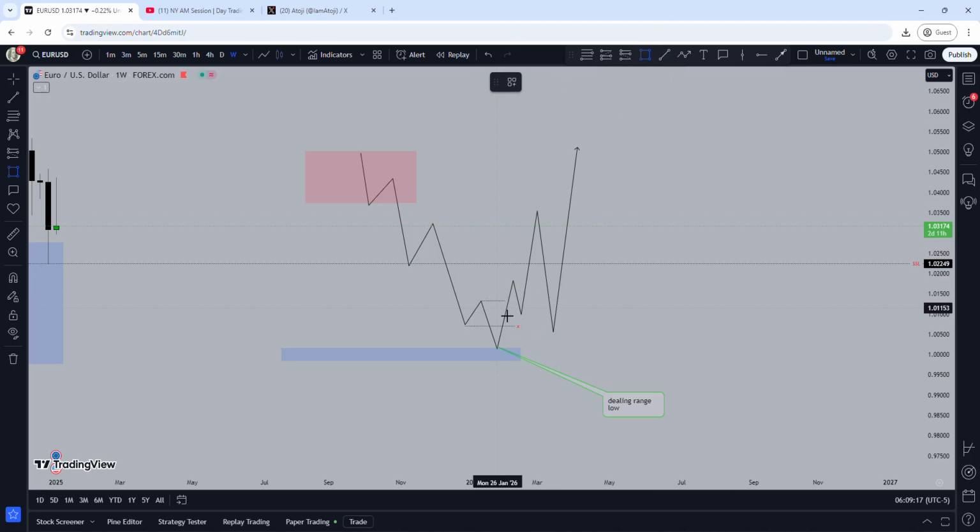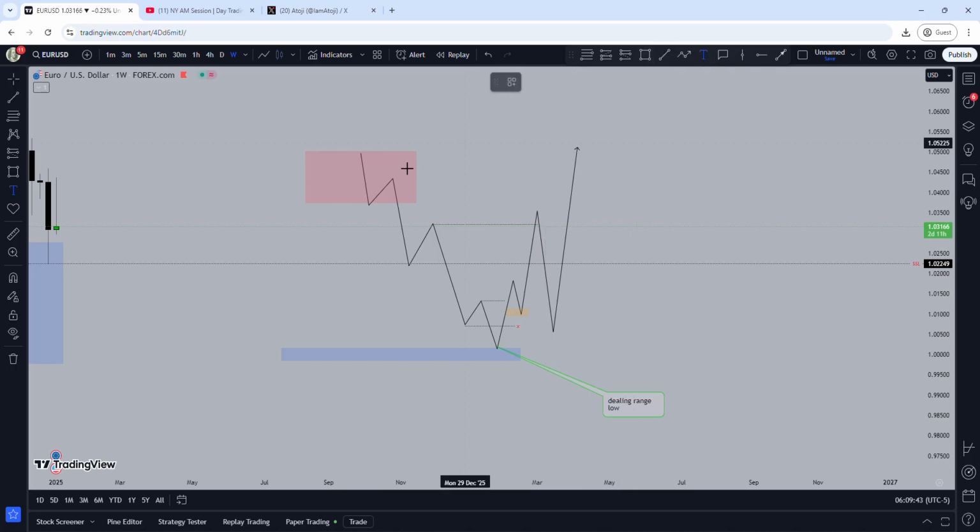When it gives us a market structure shift, where this retracement is coming into is an FVG. The retracement is coming into an FVG, right? And then it is targeting what? Buy side.